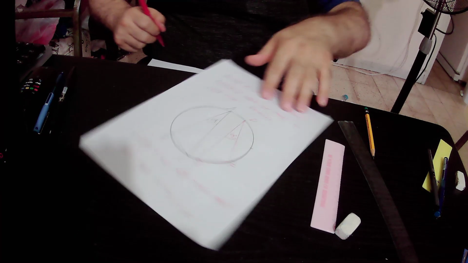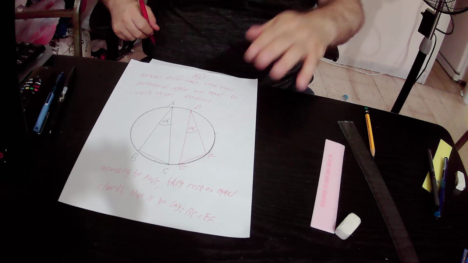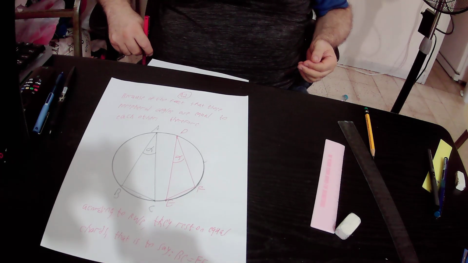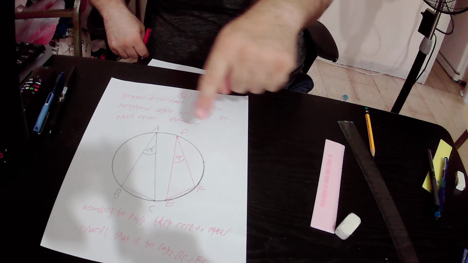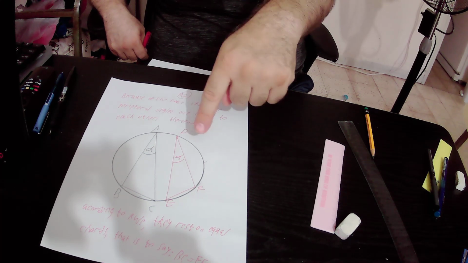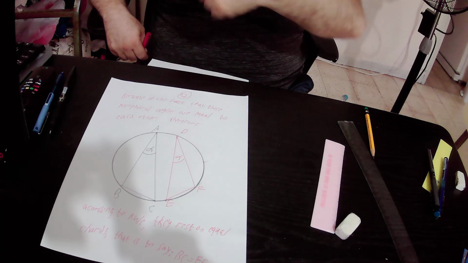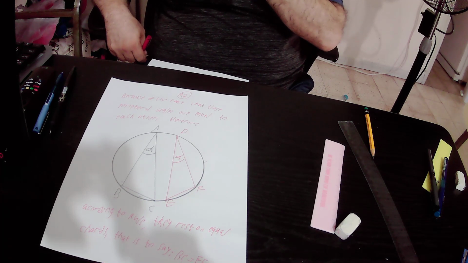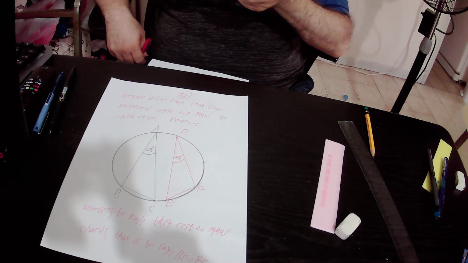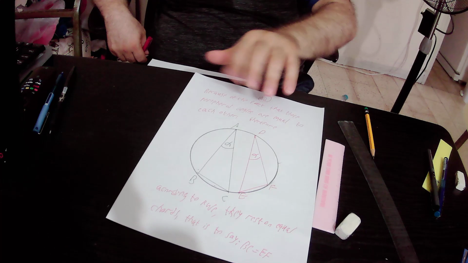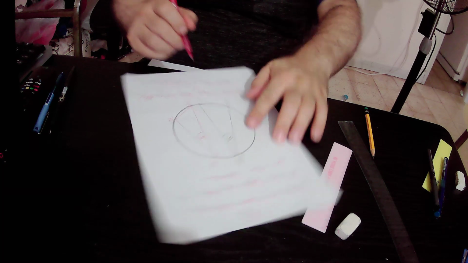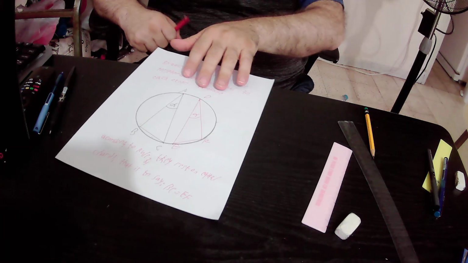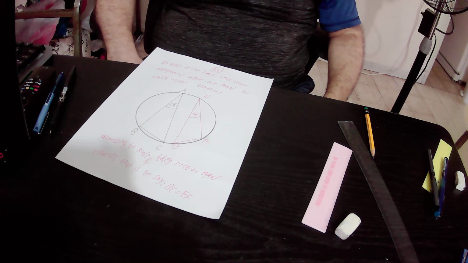So I read again what I wrote. Because of the fact that those peripheral angles are equal to each other, both equal to alpha, therefore, according to rule number 3, they rest on equal chords.